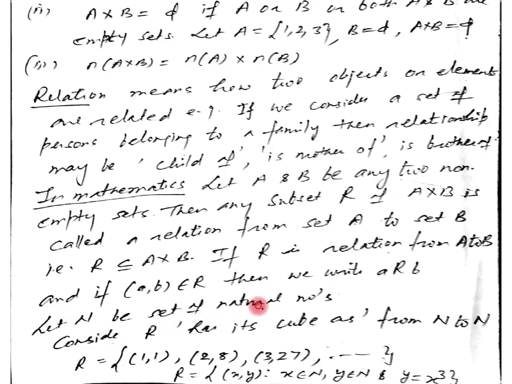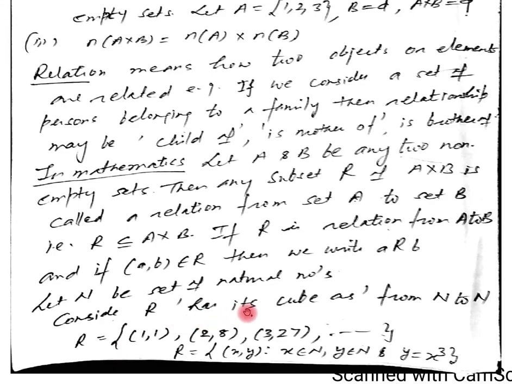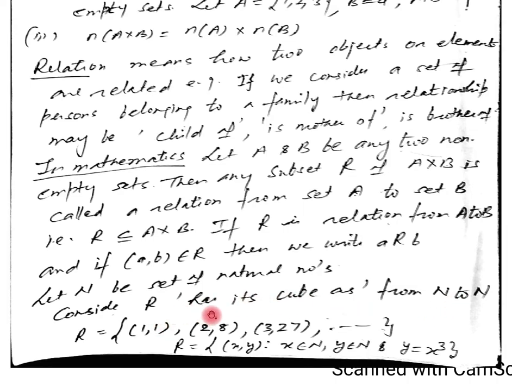Similarly, let us see another example in the language of maths. Let N be the set of natural numbers. I am defining the relation R as 'is the cube of', from N to N, the set of natural numbers. Now, what possible ordered pairs are there? It may be (1, 1). The cube of 1 is 1, the cube of 2 is 8, the cube of 3 is 27, and so on.